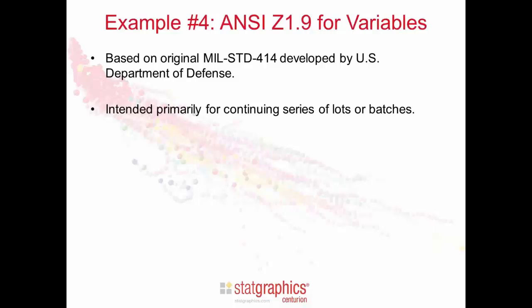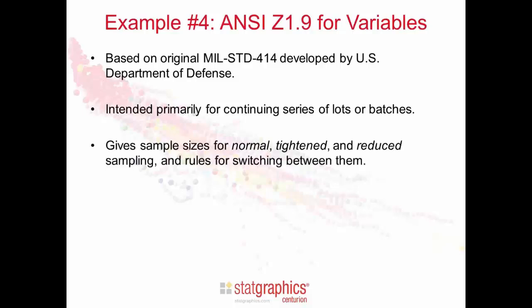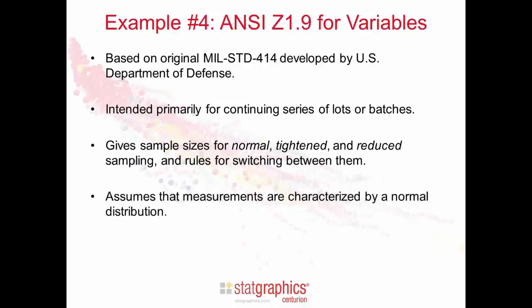Like Z1.4, it's intended primarily for continuing series of lots and batches. It has sample sizes for normal, tightened, and reduced sampling. The one thing different than the attribute sampling, because we're dealing with measurements now, will be an assumption that the measurements are characterized by a normal distribution.